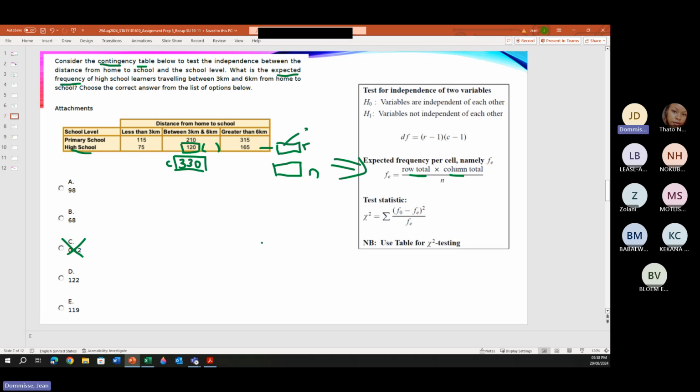So that is 360. And I still need the total as well. So let's just add all of them together. So 115 plus 210 plus 315 plus 75 plus 120 plus 165. Okay, 1,000.